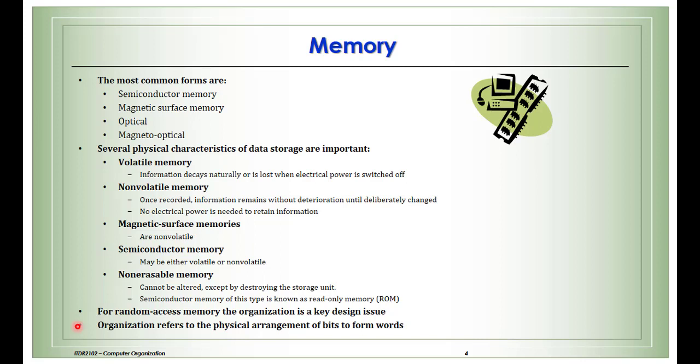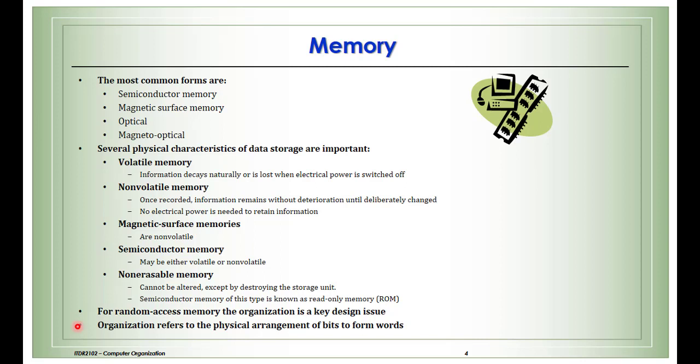Another characteristic of the memory is whether the memory is volatile or non-volatile. Volatile means it will lose its content if the power is switched off, and non-volatile means it keeps the data even without power.